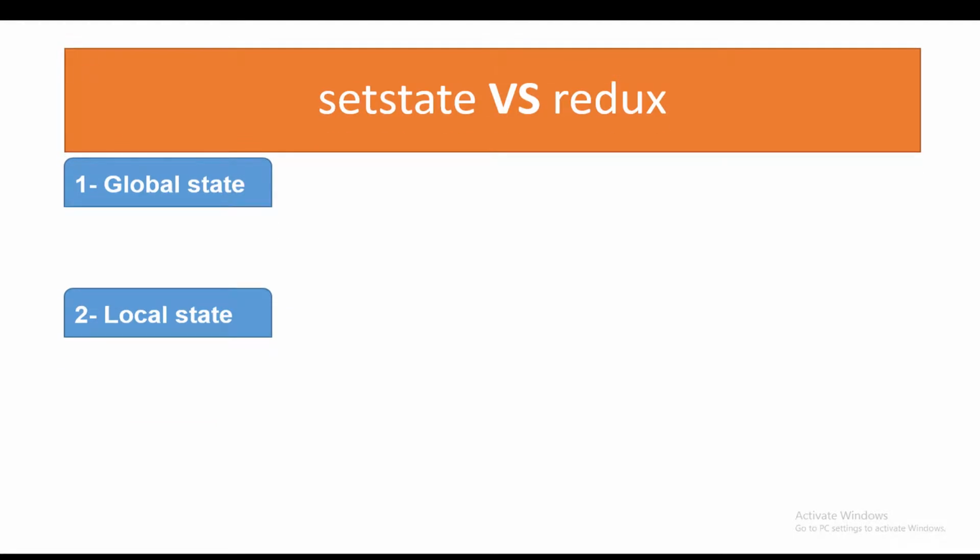What is the difference between setState and Redux? First, there are two types of state. The first type is global state, and the second type is local state.